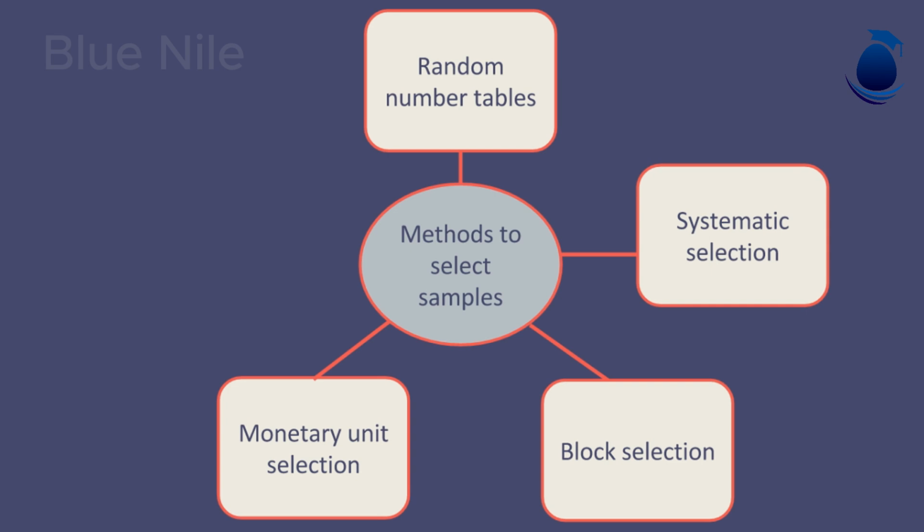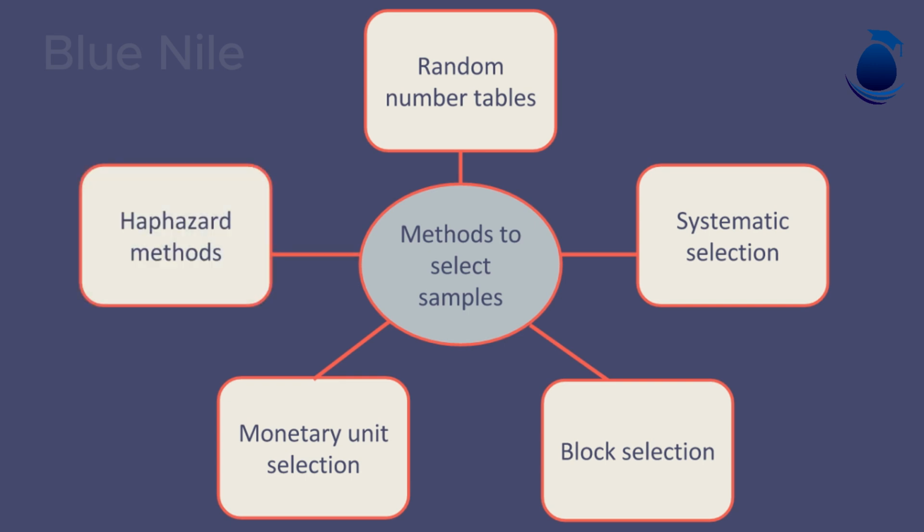If mistakes are found, they are more likely to be material; and haphazard methods. These are any other methods that could be used by the auditor to select transactions. The auditor should be careful not to allow bias.